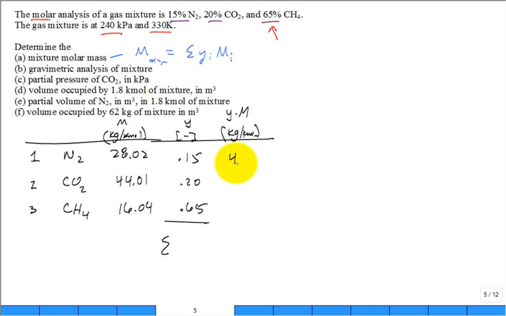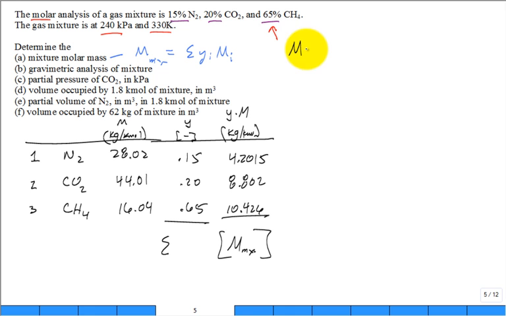It would be 4.2015, 8.802, and 10.426. And if I sum that column, it gives me the molar mass of the mixture. We calculate the molar mass of the mixture comes in at 23.4295. Too many digits. Let's put 4 significant digits. Does the molar mass have units? Kilograms per kilomole.